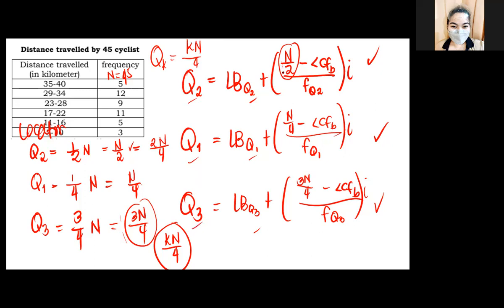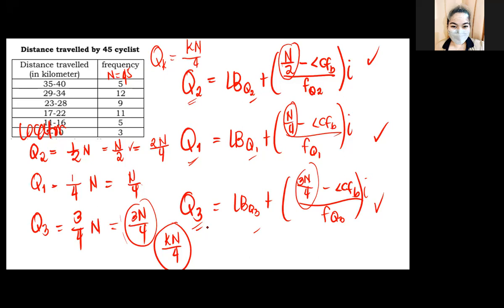And then, nagkakaiba-iba sila actually dun sa locator nila. Pag Q sub 2, n divided by 2. Pag Q sub 1, n divided by 4. Pag Q sub 3 is 3n divided by 4. Then lahat sila pare-parehong may minus cumulative frequency below. Yan, pare-pareho. Then sa denominator, pare-parehong frequency ng kung ano yung hinahanap mo. Times i, lahat sila naka-times i.